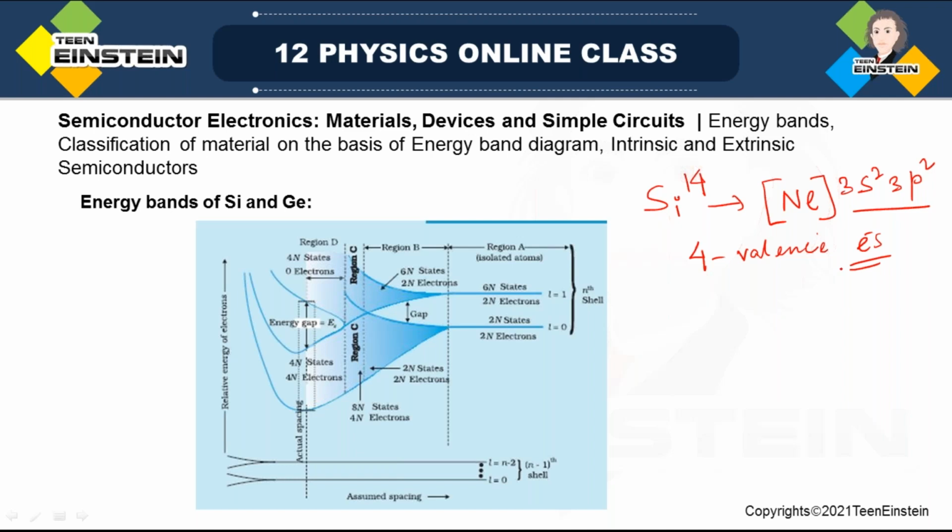There are 6 levels for p and 2 for s, so 6 plus 2. So 8 available energy levels are there.